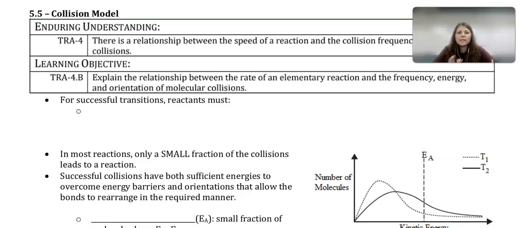So we had talked at the beginning of this unit that the foundation of the entire Unit 5 kinetics is about particles colliding in order for a reaction to occur.